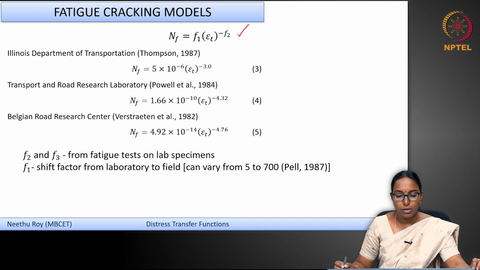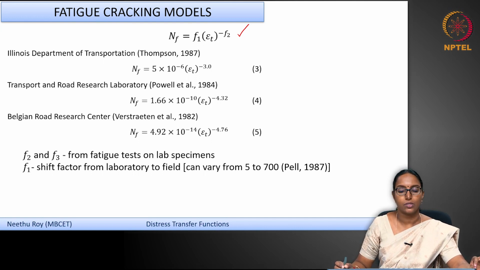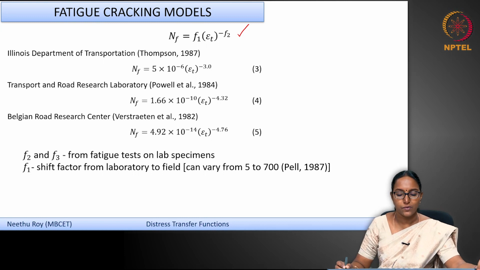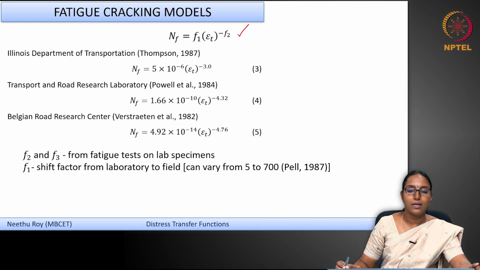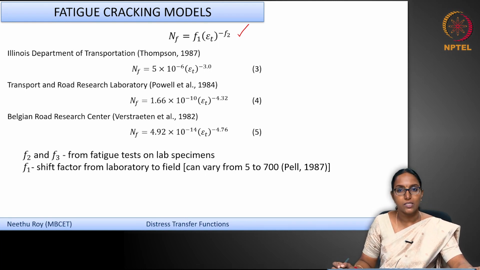What you have to note here is that the F2 factor, which is from the fatigue tests on lab specimens, doesn't vary much when done at different laboratories. You see that the coefficients vary from about 3 to 5, whereas the F1 coefficient, in these three models itself, varies from 10 raised to minus 6 to 10 raised to minus 14.